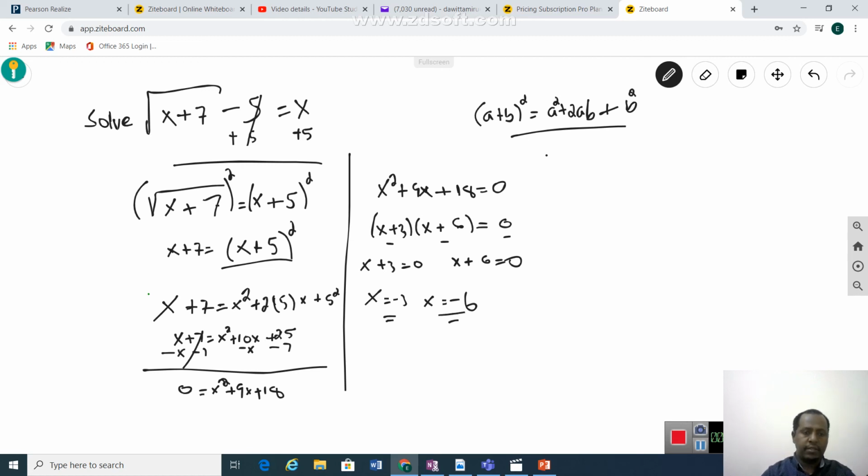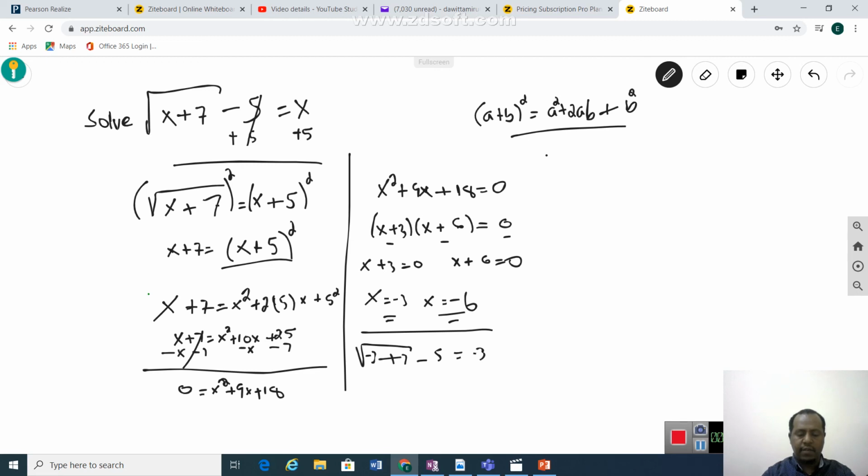And as we said earlier, whenever we have a square root equation, it's very important to check the answer. So let's check our answer. To check the answer, I just simply plug each value of x that I get into the original equation. So first let's check negative 3. So it will be the square root of negative 3 plus 7, minus 5 is equal to negative 3 because our x is negative 3.